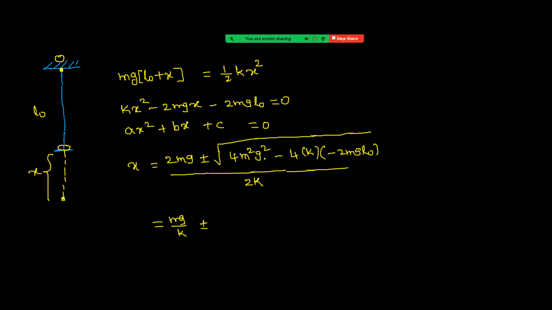Here we have 4m square g square; I am taking 4m square g square outside. That becomes 2mg, and 2mg by 2k is again mg by k.